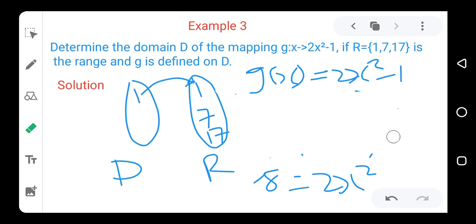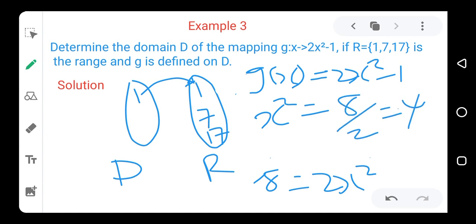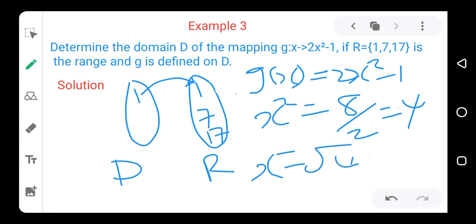So we now have that x raised to power 2 is equal to 8 over 2, which is equal to 4. And then our x is equal to root 4, which is equal to 2. So 2 gives us 7 as an image.